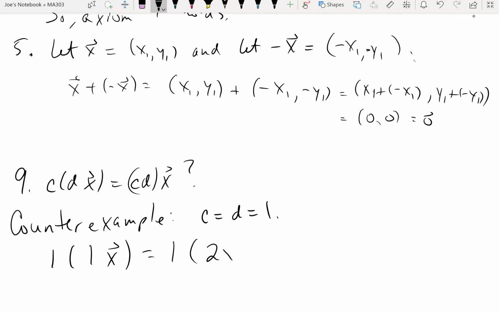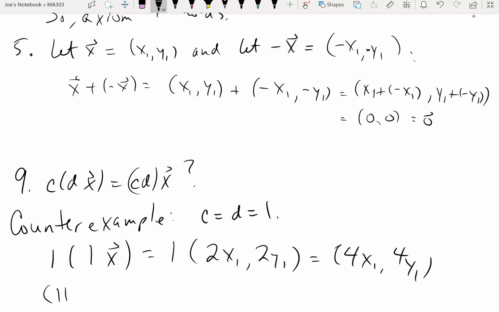It's going to give me 2x1, 2y1, right? Because it said k times xy was 2kx, 2ky. And then if we do it again, we're going to get 4x1, 4y1, right? We agree? Because each time we put a 1 in, because remember the formula is 2kx1, 2ky1. Every time we put a 1 in there, it gets doubled.